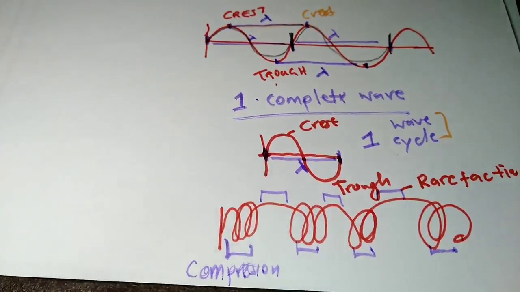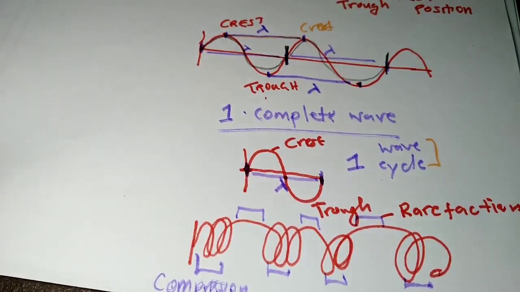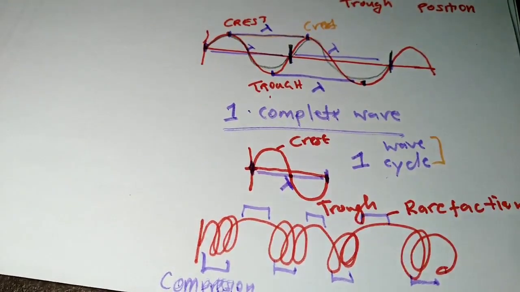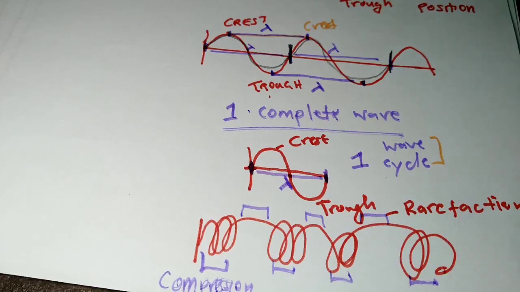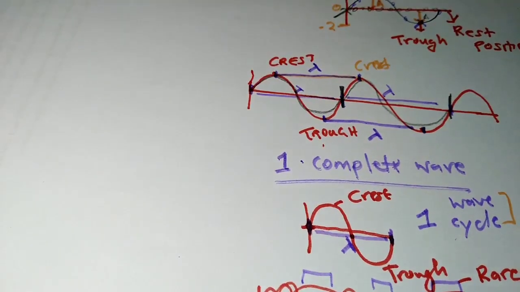So again, we can define wavelength as the distance between two compressions or the distance between two successive rarefactions. That's pretty much all about the wavelength.